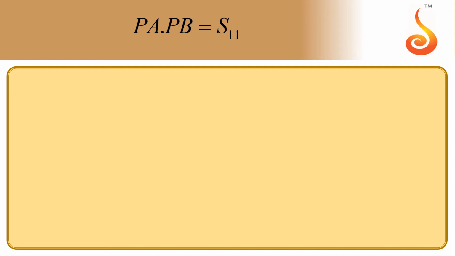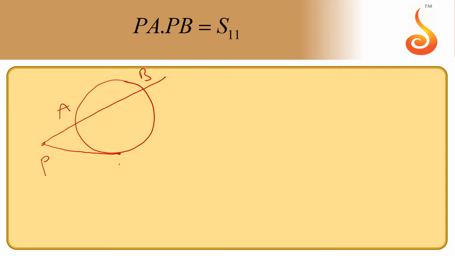Actually, when you were in school, you might have learned in geometry, for a circle, from P, if you draw a secant line, PAB is a secant line and PT is the tangent line. Then you know that PA into PB equal to PT square. Not only that, from P you can draw infinite secants.